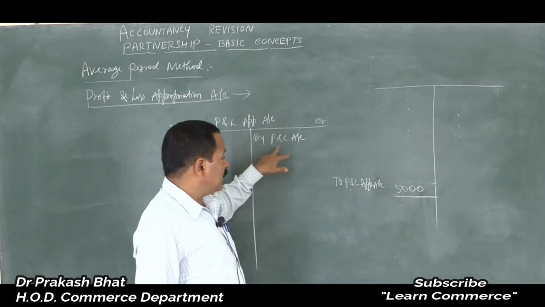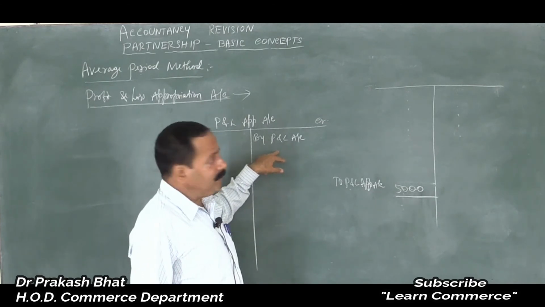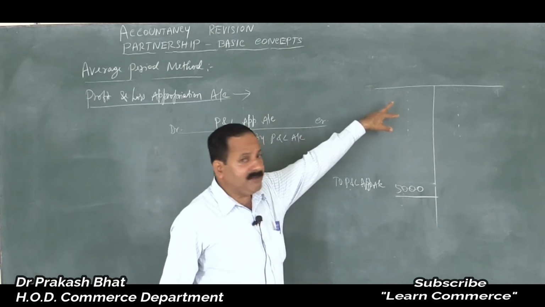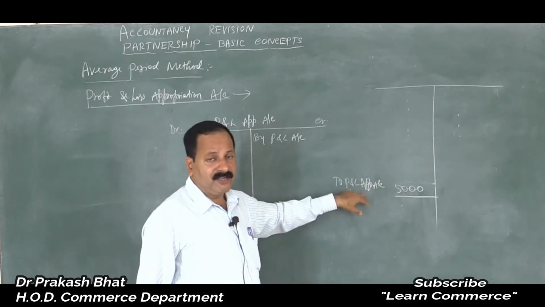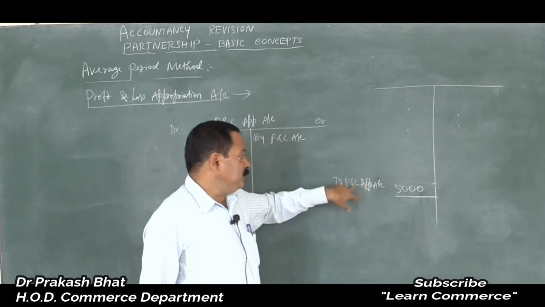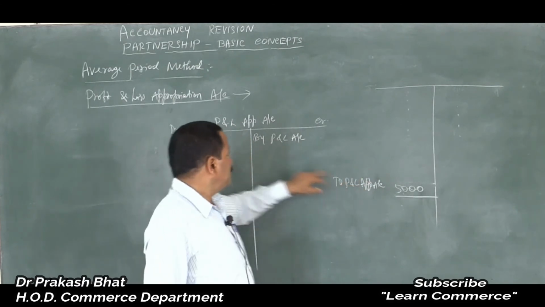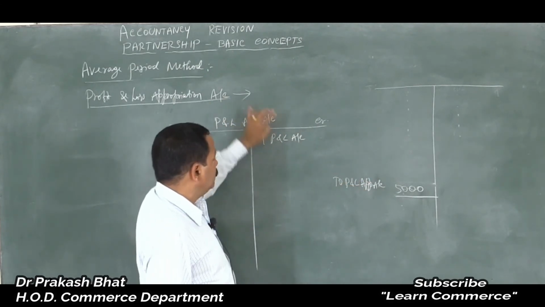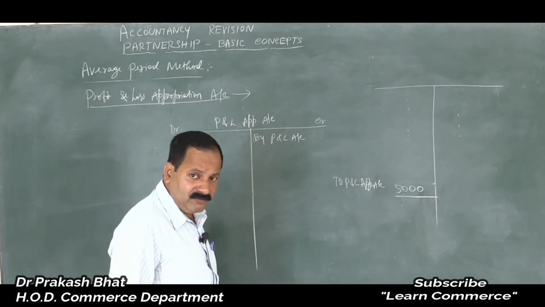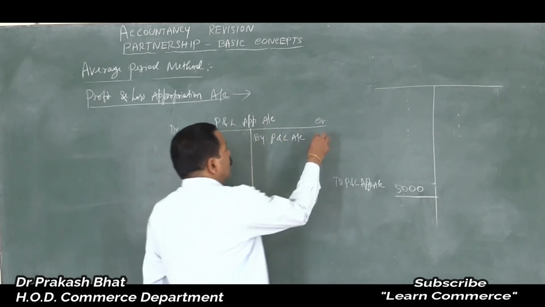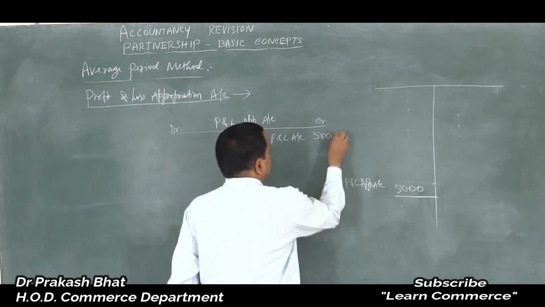Because this account gets opened by transferring the final balance in the profit and loss account to the profit and loss appropriation account. Profit and loss account debtor to profit and loss appropriation account. Here the profit and loss appropriation account is credited by the profit and loss account. Is it clear now? Yes. So you will write here 5,000.